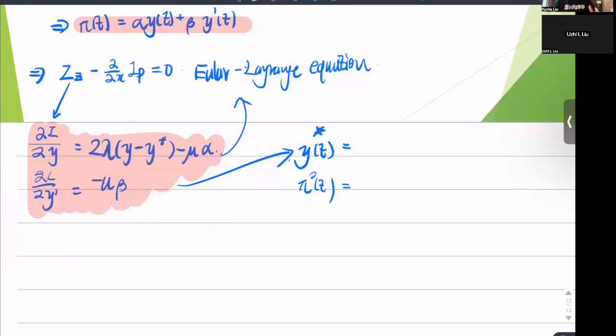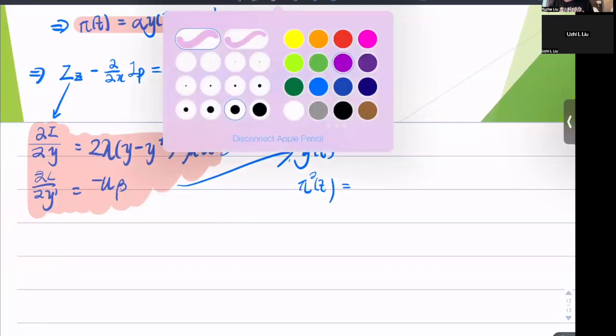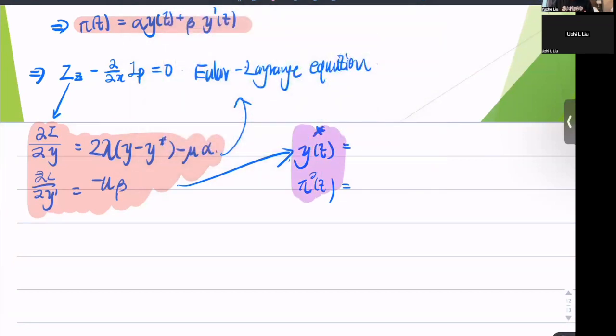So our optimizer will be a function related to alpha and beta, and also lambda. And lambda is the weight that reflects the central bank's preference. A higher lambda indicates that the central bank is more concerned with stabilizing output than inflation.